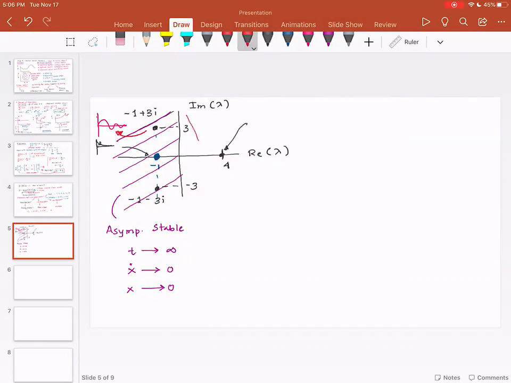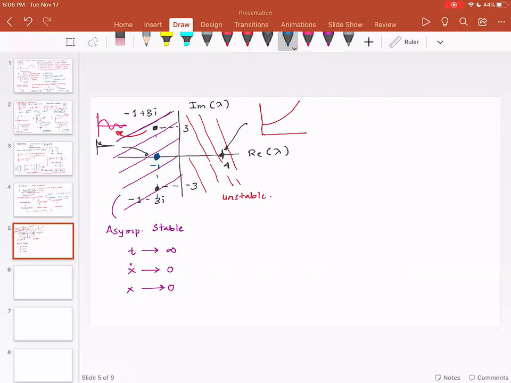If you have an eigenvalue over here, in this region, the system is going to be unstable. Let me show you what happens if you have an eigenvalue like this. Your response is going to be like this. Let's take one more case.